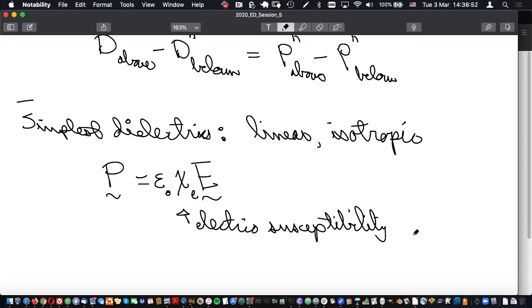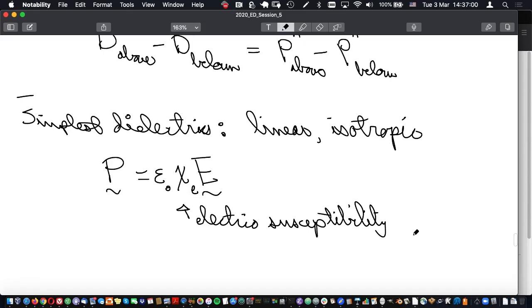Okay, so susceptibility, you know the definition. It's a very well chosen word for this kind of thing, right? Propensity to react to external stimulations. So linear means that the polarization is directly proportional to the applied field.